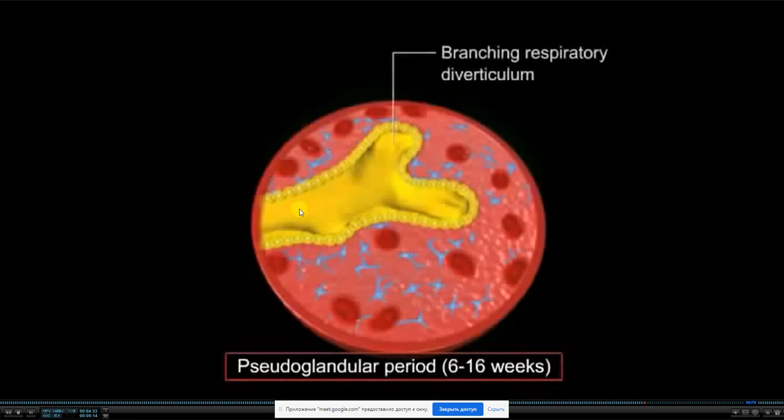But the conductive pathways have to be formed, though they are not necessary to the embryo itself.